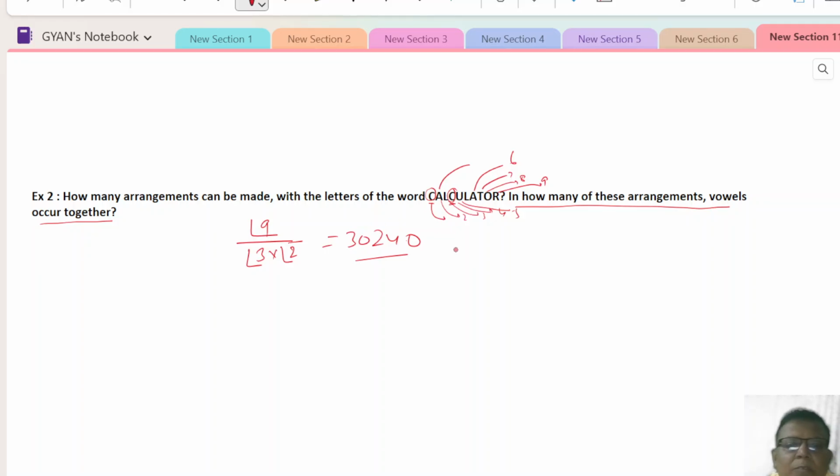Now, in how many ways does this arrangement have vowels occurring together? How many vowels are there? C, L, C, L, T, R. Then the vowels are A, U, A, O. Four vowels are there. So how many letters are there?